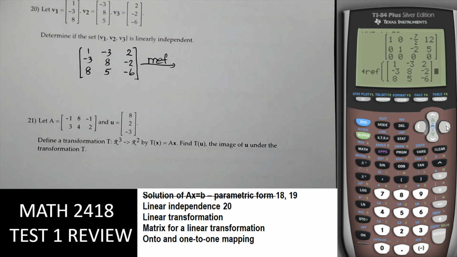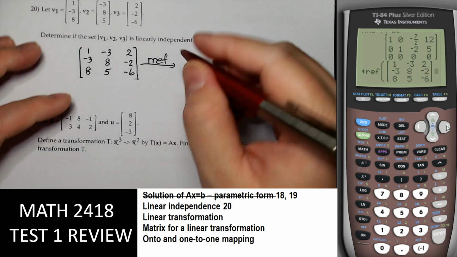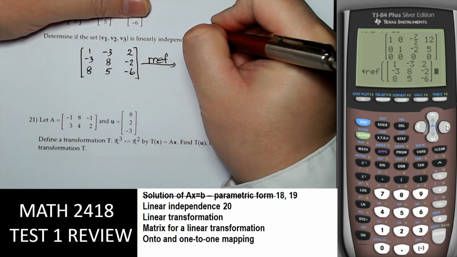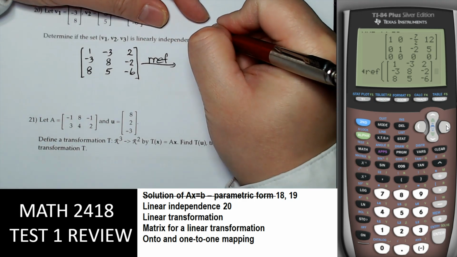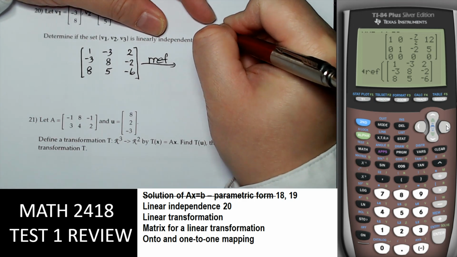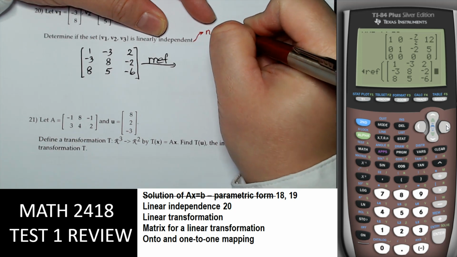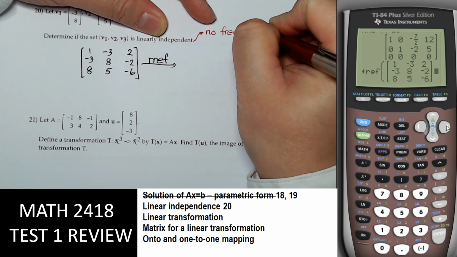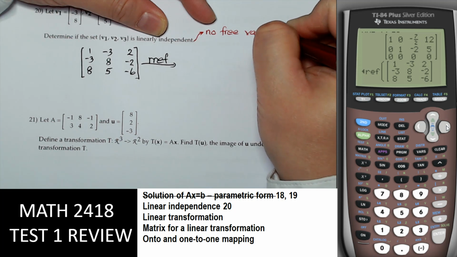Before we hit enter, we need to know what we are looking for. It is linearly independent if there is no free variable in the reduced row echelon form. So we just look for that.